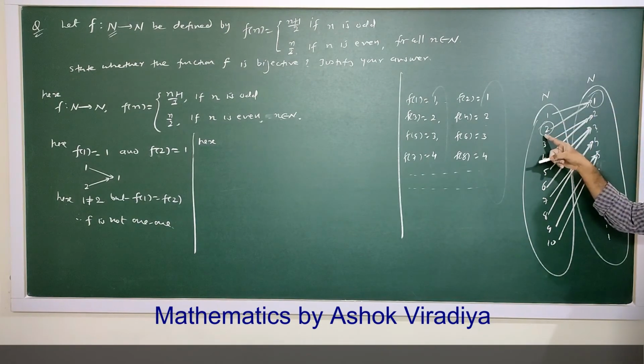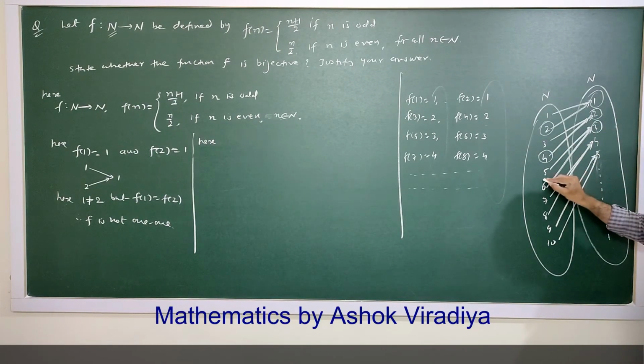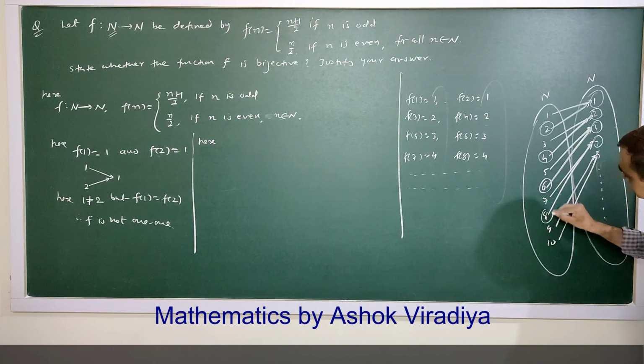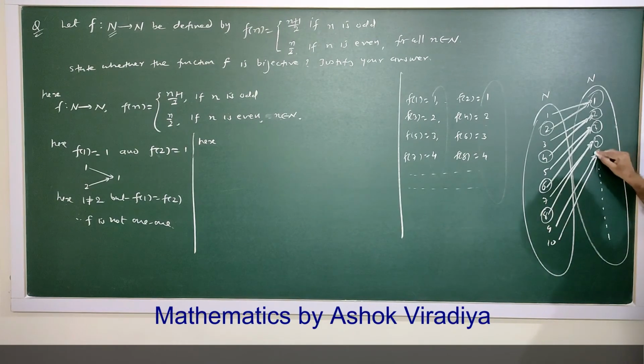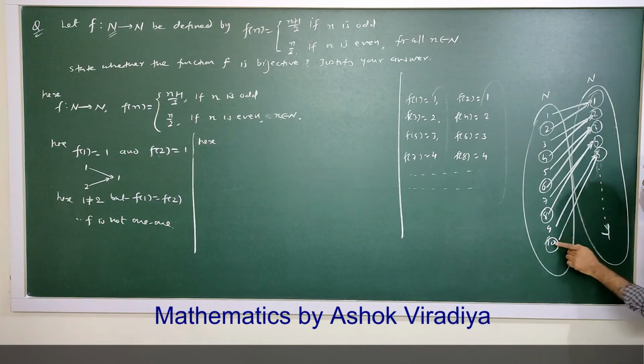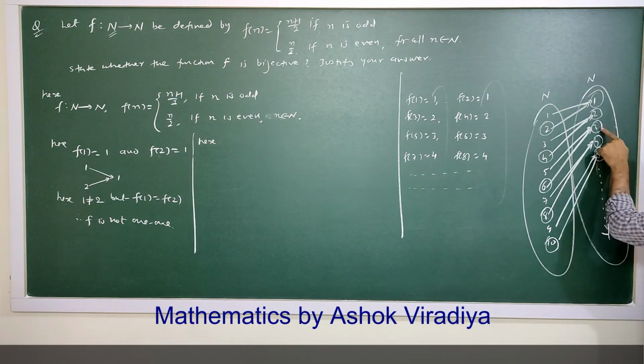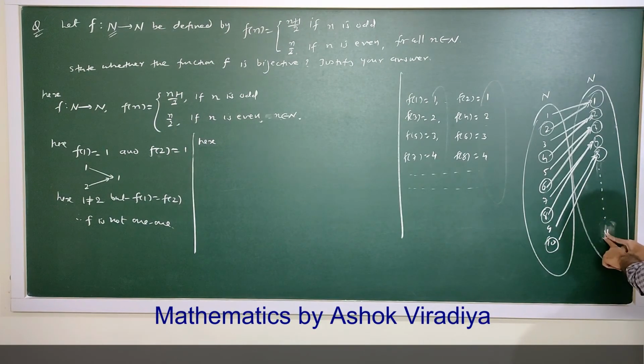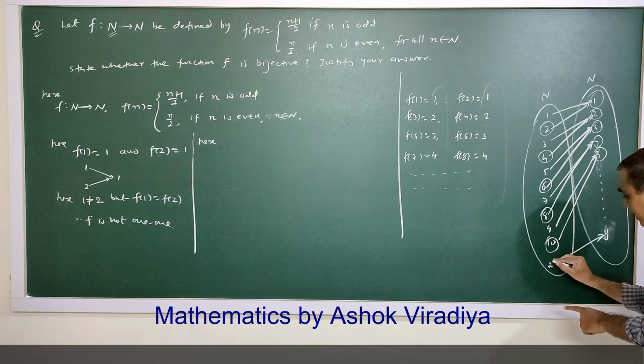Pre-image of 1 is 2, pre-image of 2 is 4, pre-image of 3 is 6, pre-image of 4 is 8, pre-image of 5 is 10. So you double: 5 into 2 is 10, 4 into 2 is 8, 3 into 2 is 6. If the number selected is y, then y is the image of 2y.